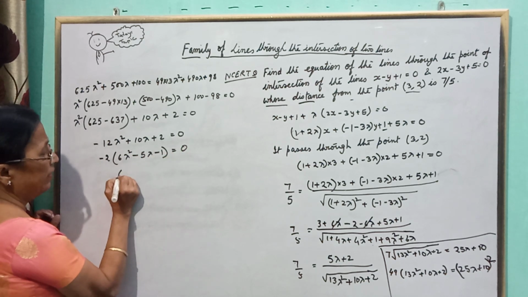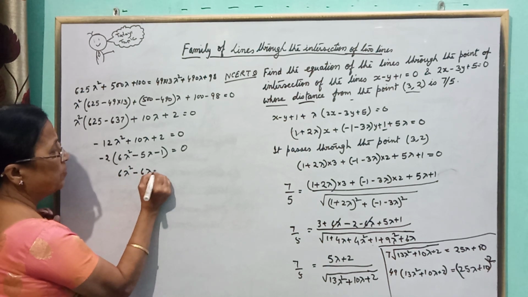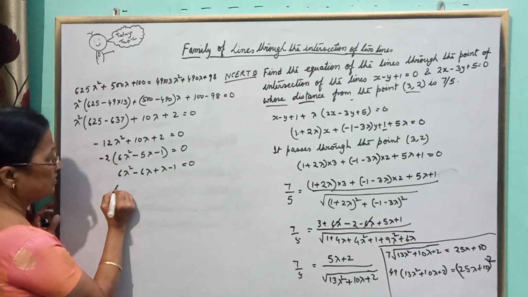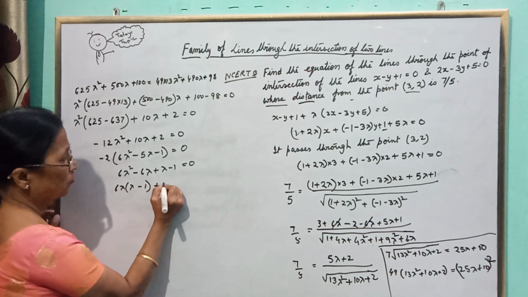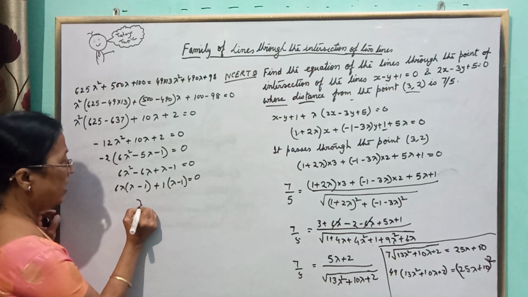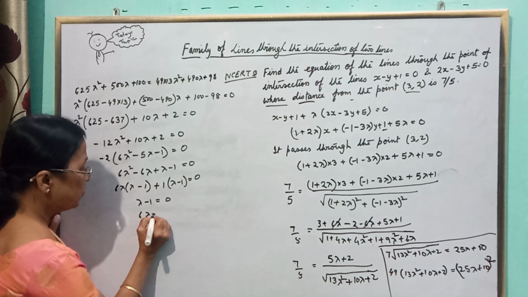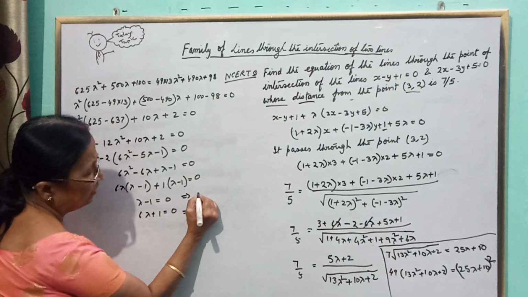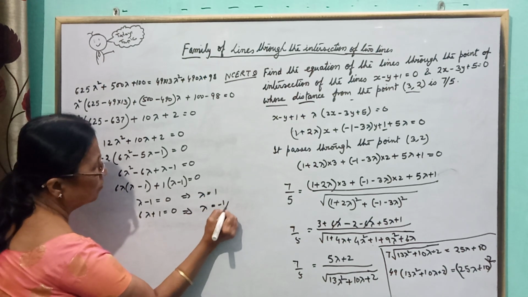So I can write 6 lambda squared minus 6 lambda plus lambda minus 1 equal to 0. You can factorize: 6 lambda, take common (lambda minus 1), plus 1 times (lambda minus 1) equal to 0. So lambda minus 1 equal to 0 or 6 lambda plus 1 equal to 0. This implies lambda is equal to 1 and lambda is equal to minus 1 by 6.